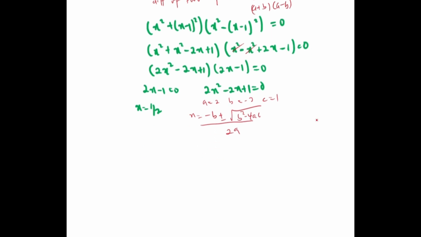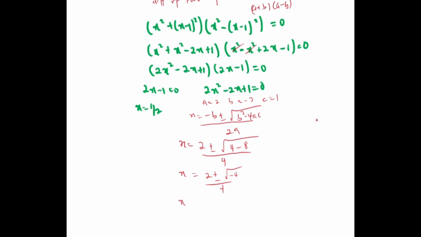So here I can have x equals negative b, which is negative negative 2, which is 2, plus or minus the square root of b squared minus 4ac, which is negative 4, over 2a, which is 2 times 2, which is 4. So here x is going to be 2 plus or minus root negative 4 over 4.